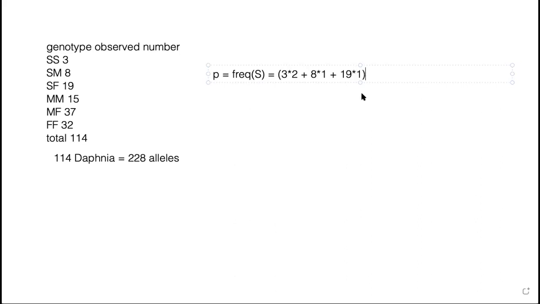So that's going to be divided by 228, the total number of alleles in the population. Let me pull up my handy dandy calculating gizmo. That's going to be 14 divided by 228 equals, I make that out to be 0.144.